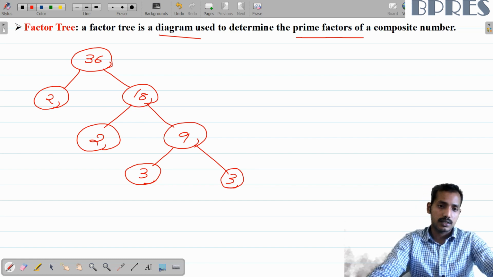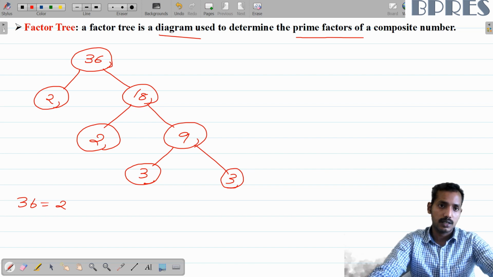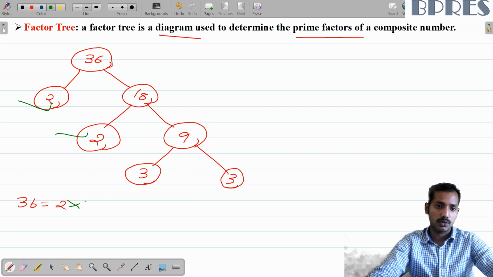So the prime factorization of 36 is equal to 2 into another 2, into the third prime factor 3, into the fourth prime factor 3, which we can write in exponent form as 2 square into 3 square.